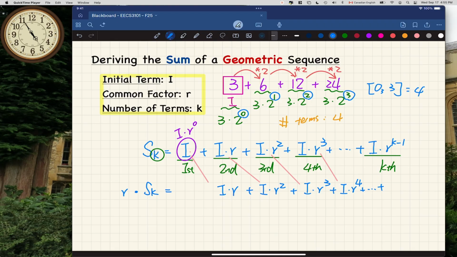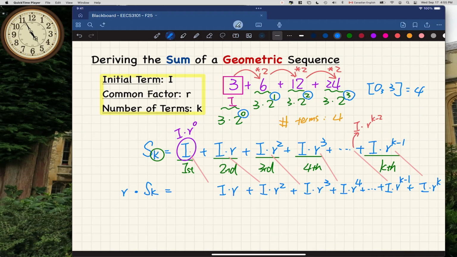Okay. So you can think about what's the term before this? It is I times r to the k minus 2, right? That one times r is going to be exactly this term here. So if you multiply this term by r, it's going to be I times r to the k minus 1. And finally, if this one times r, it's going to give you I times r to the power of k.